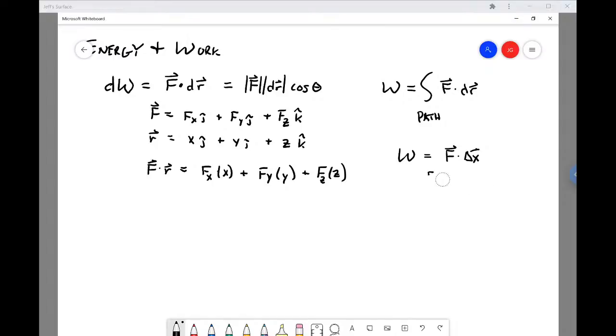F is constant, and delta x is, well, I guess this would work if it's 1D or 2D.